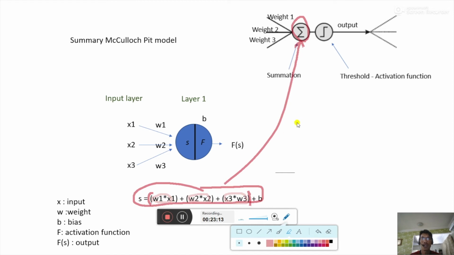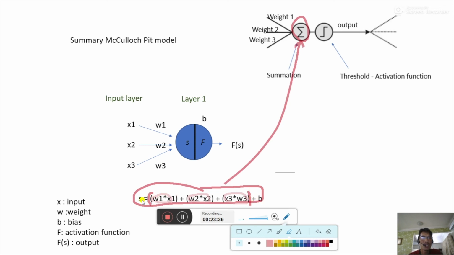This is what we call summation. This notation means we sum all of this: X1 multiplied by W1 plus X2 multiplied by W2 plus X3 multiplied by W3, then all together plus B.